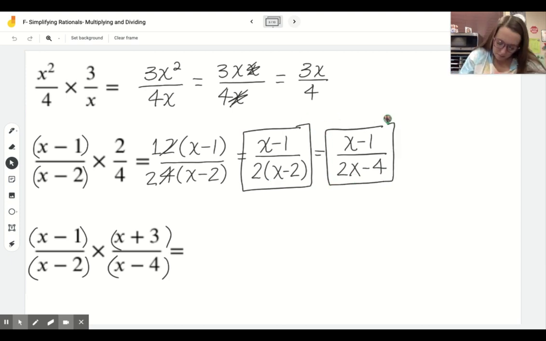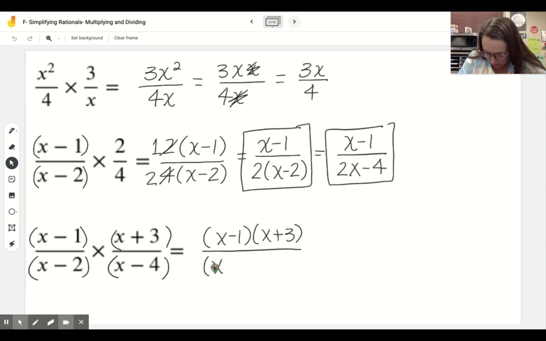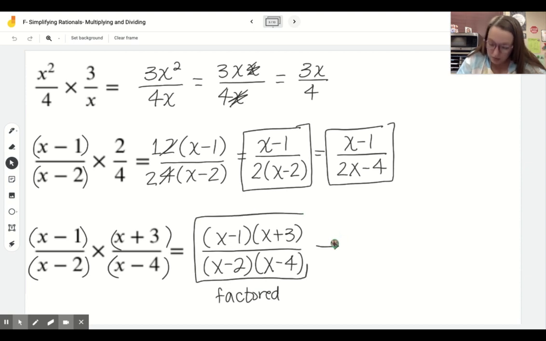With this bottom one here, x minus 1 times x plus 3 over x minus 2 times x minus 4. If you are not told that you have to go to standard form, you could stop right there. That's factored form. If you are asked to go to standard form, then you'll FOIL the top and the bottom.